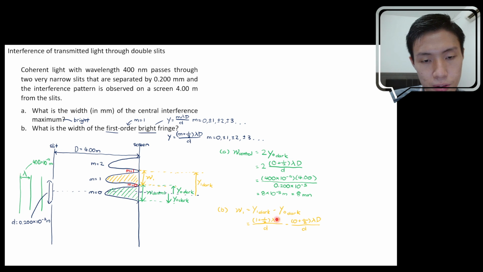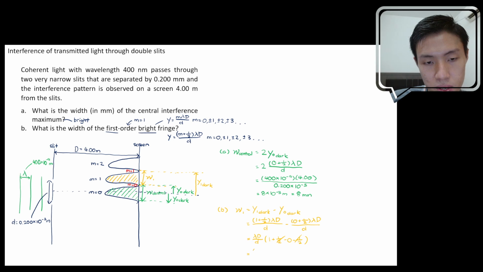If you want to simplify the equation, we can factorize out lambda D over d. What's left inside the bracket is 1 plus half minus 0 plus half, which will cancel out the half. Then we are left with 1 minus 0, which is 1. So essentially the equation is left with lambda D over d.